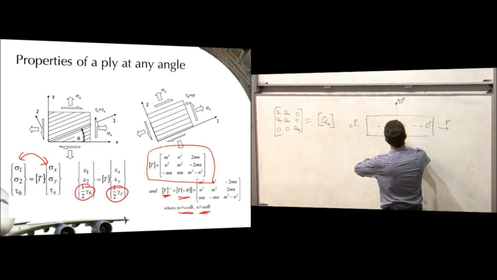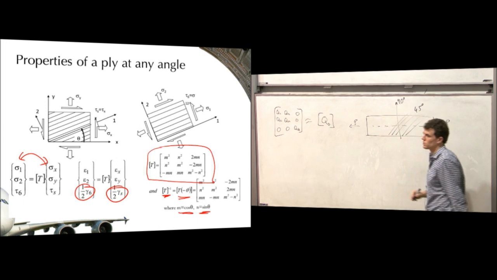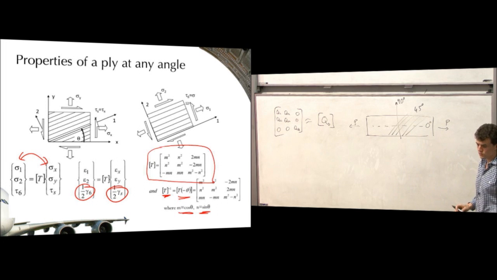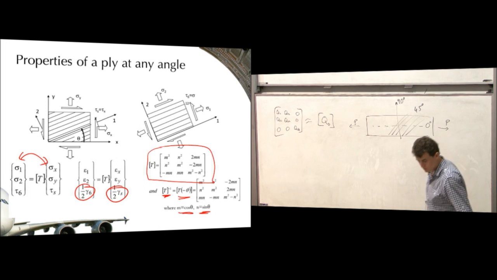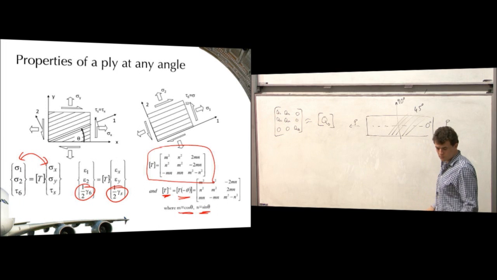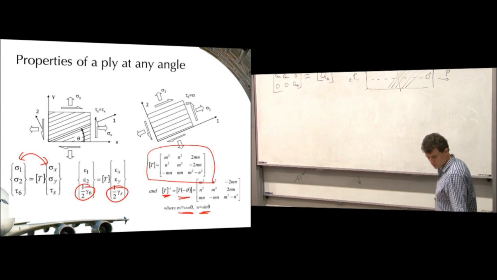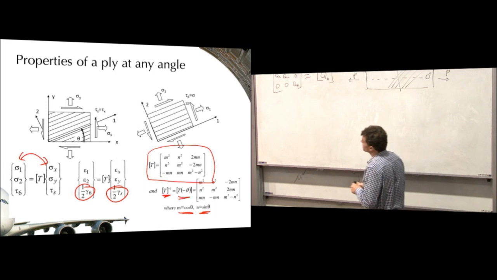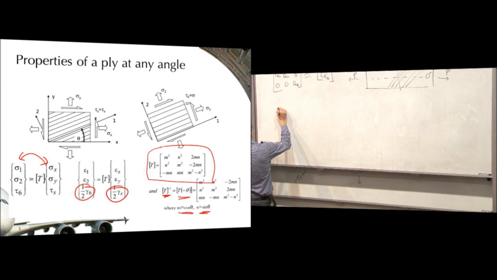So if I had fibres running at an angle like this, they would be 45-degree fibres.